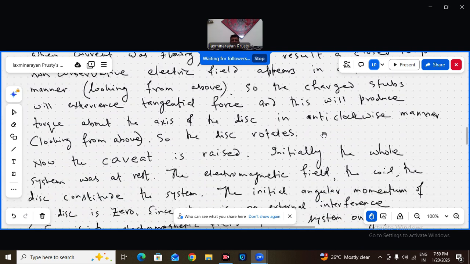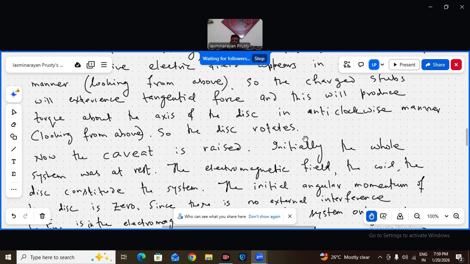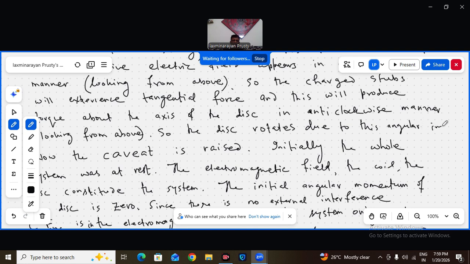As a result, this disk will gain some angular velocity. So this rotates due to this angular impulse. Let me write this, due to this angular impulse, right?